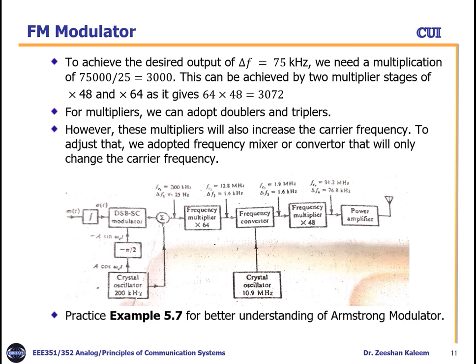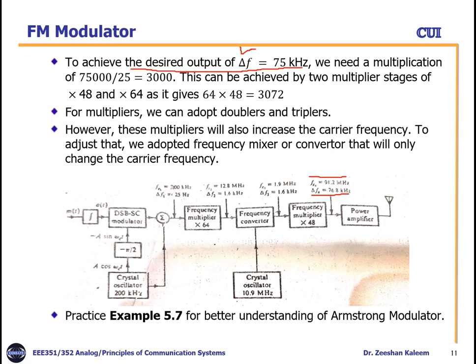Now let's discuss in detail the block diagram of the Armstrong modulator and how we generate the desired output frequency. To achieve the desired output deviation of 75 kilohertz, at this output point we need delta f equal to 75 kilohertz and carrier frequency 91.2 megahertz.